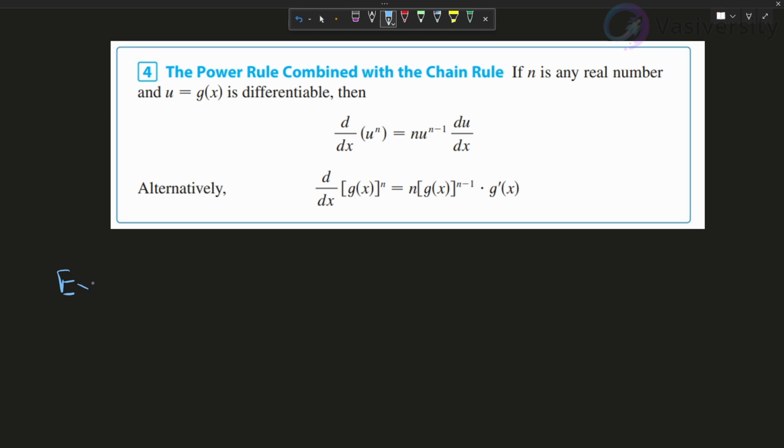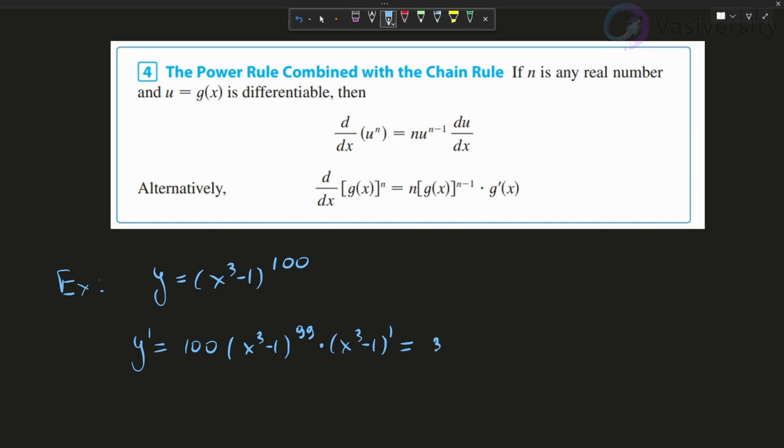For example, y is equal to x cubed minus 1, to the power of 100. Our outside function is the power of 100, and our inside function is x cubed minus 1. So y prime is going to be 100 times x cubed minus 1 to the power of 99 times the derivative of x cubed minus 1. If we simplify, it's 300x squared times x cubed minus 1 to the power of 99.